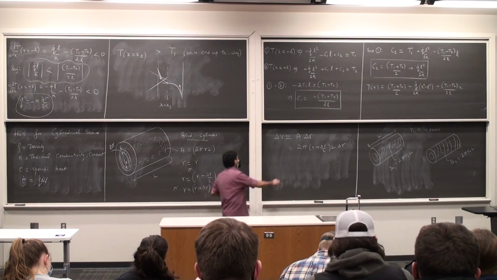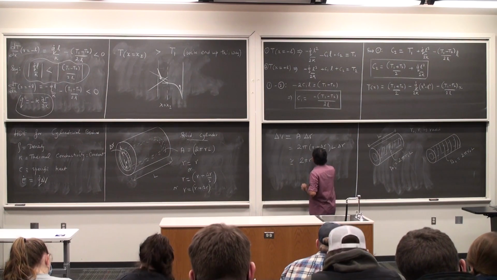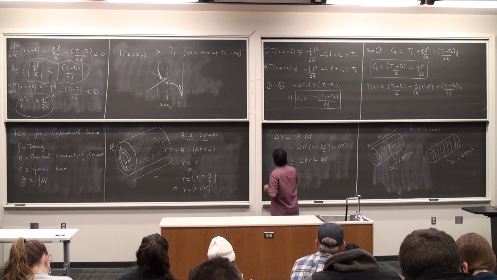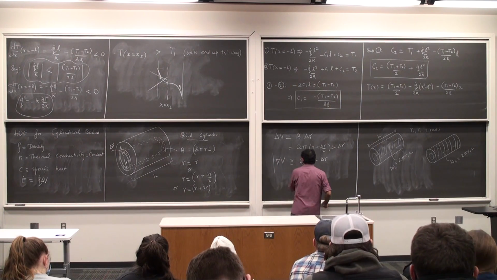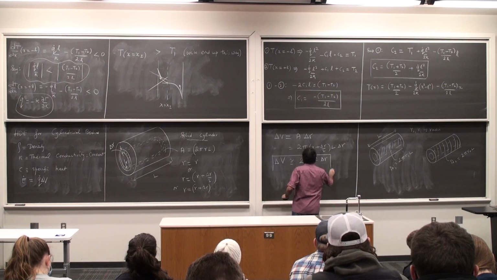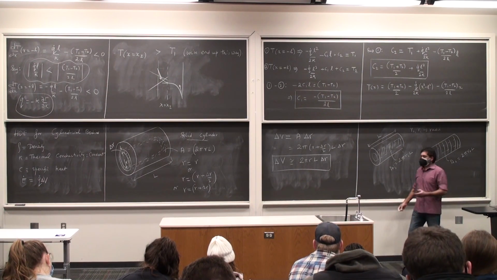So this is approximately 2 pi R times L times delta R. Or delta V is A times delta R. Okay?